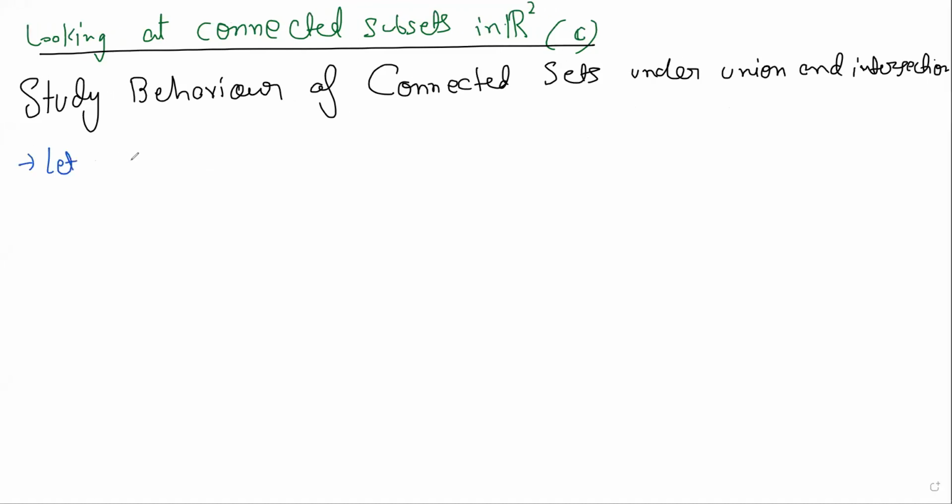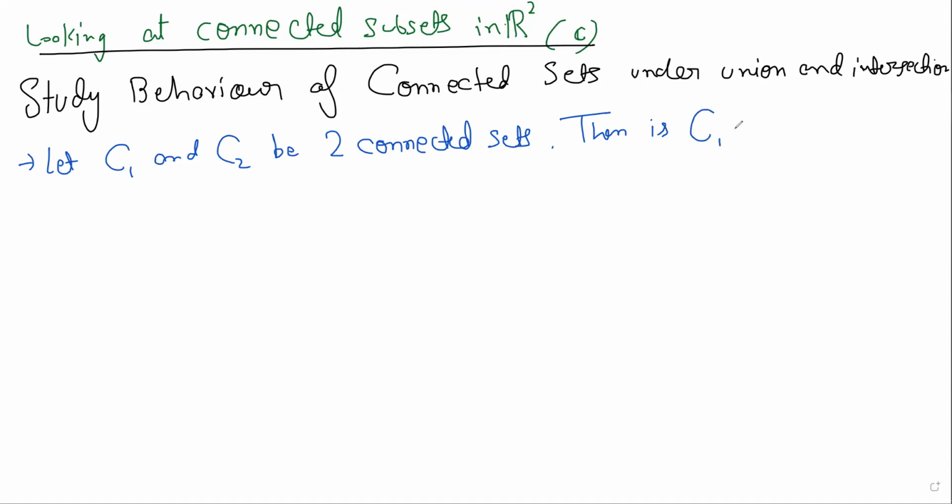Let C1 and C2 be two connected sets in R2, of course. Then C1 intersection C2, we saw, is not connected. That is very easy to see. But is C1 union C2 connected?